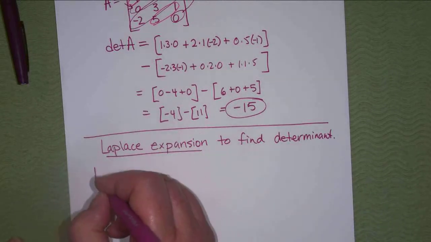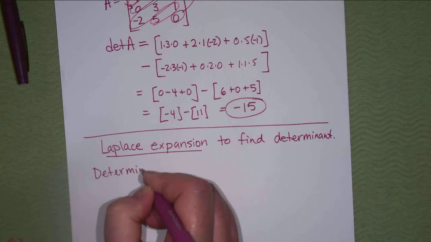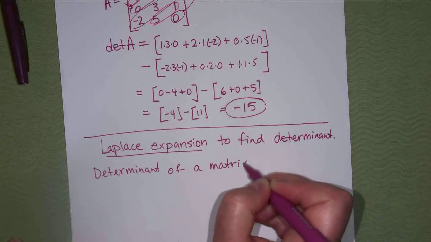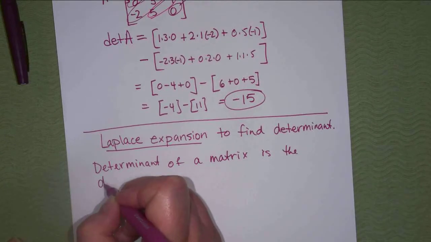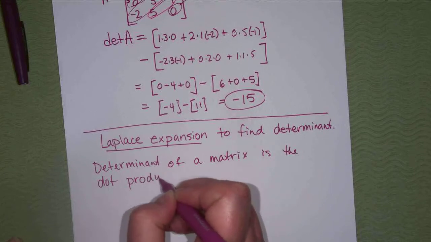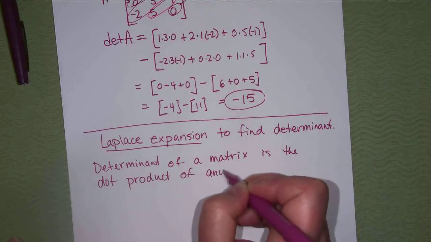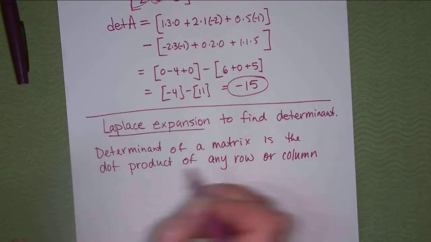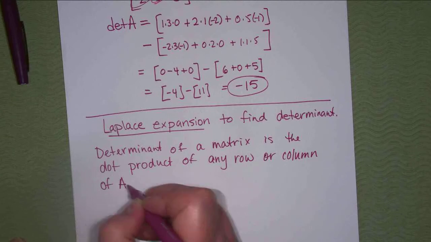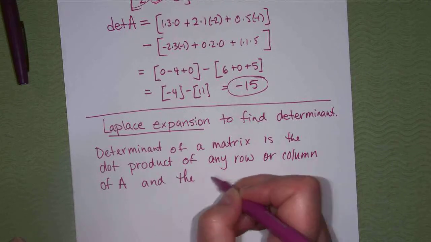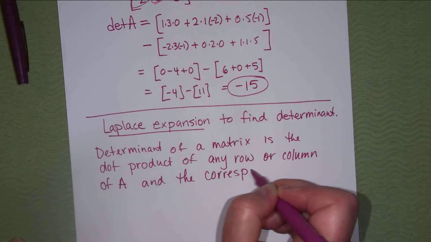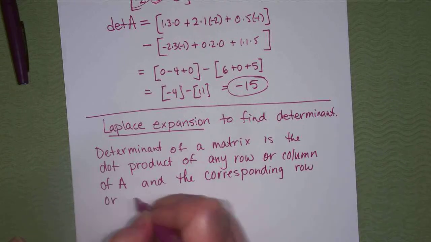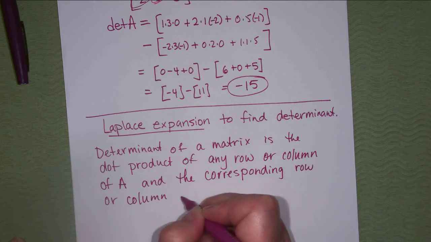So the determinant of a matrix is the dot product of any row or column and the corresponding row or column of cofactors.